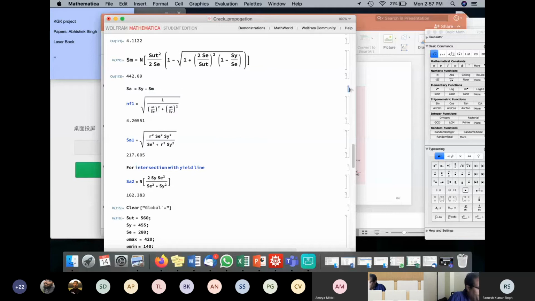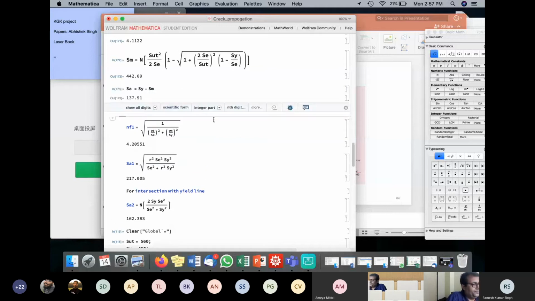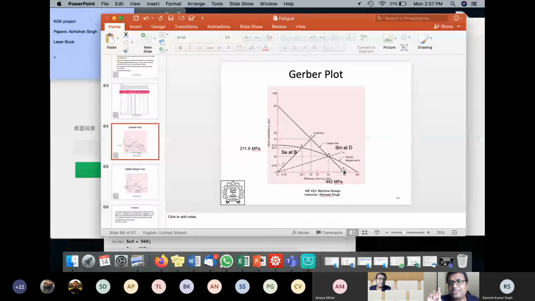What will be my Sa? 137.9, because this D point lies on this line. The equation of this Langer line is Sa plus Sm is equal to Sy.